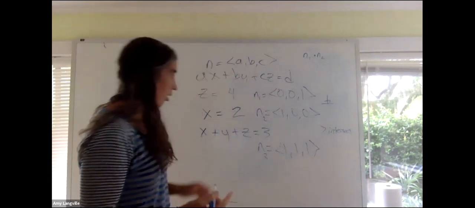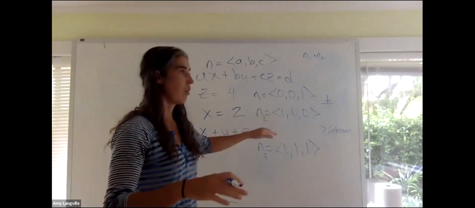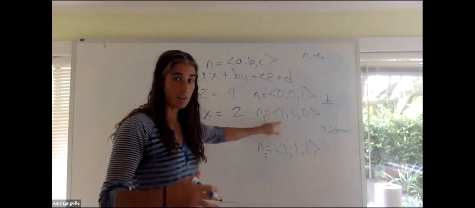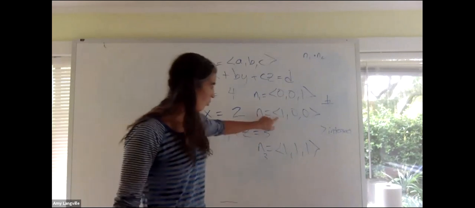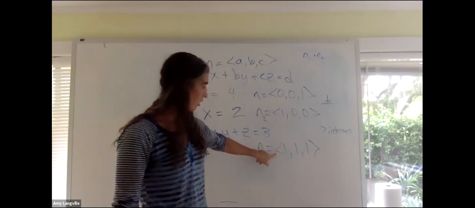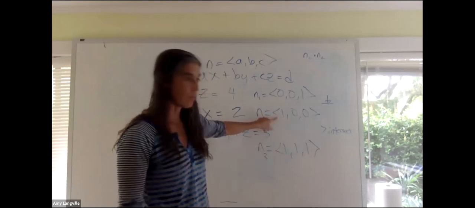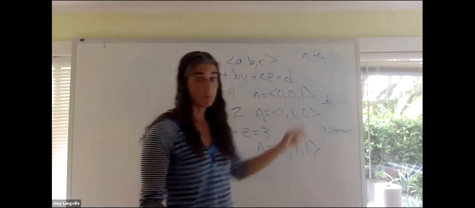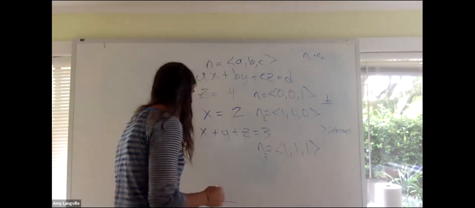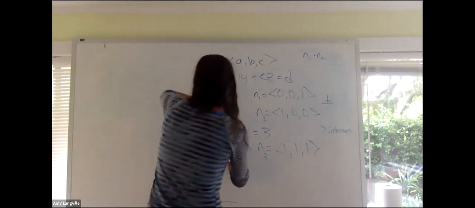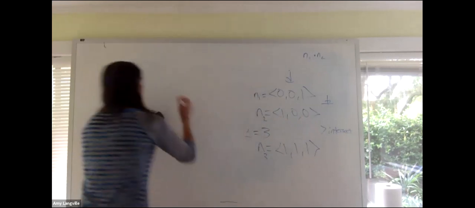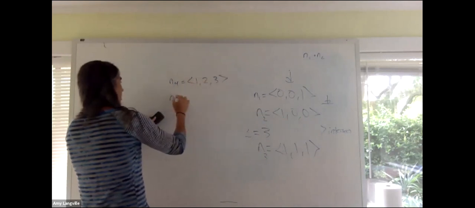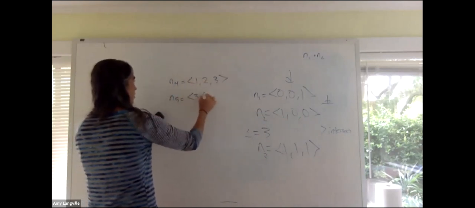We know that those two are not parallel, because the only way two planes are parallel is if their normal vectors are pointing in the same direction, which would mean one is a scalar multiple of the other. Is there any way I can multiply the vector N2 by some scalar and get that one? No, it's impossible because I've got these zeros here. Maybe it would make more sense if I give you a couple of vectors that are parallel, like N4 is the vector 1, 2, 3, and N5 is the vector 3, 6, 9.